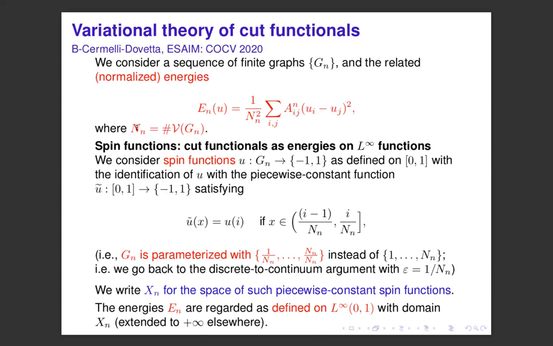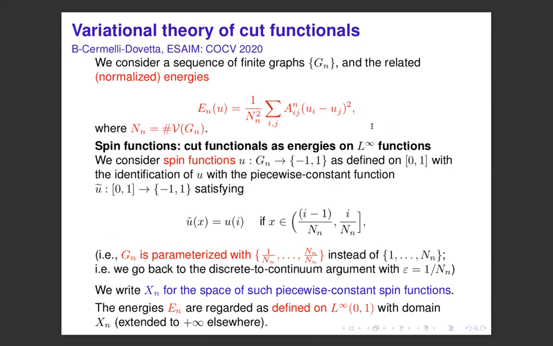So this is the proportion of the bonds. Of the vertices, and so n squared is proportional to the number of all possible bonds, and we compute this limit essentially with respect to the L-infinity weak star convergence.